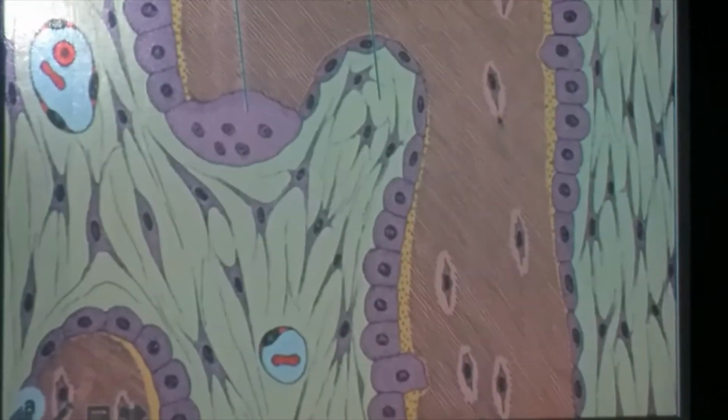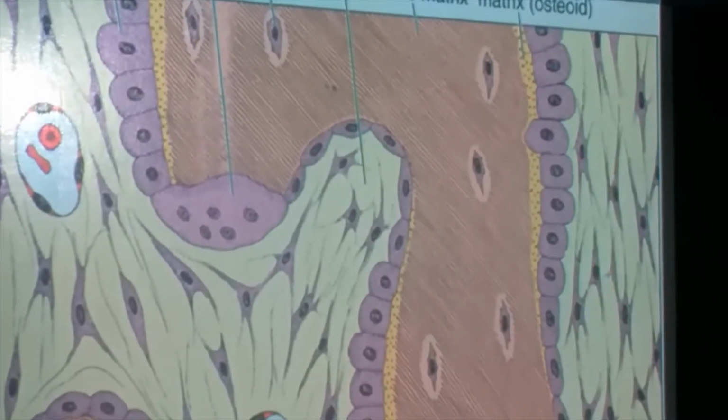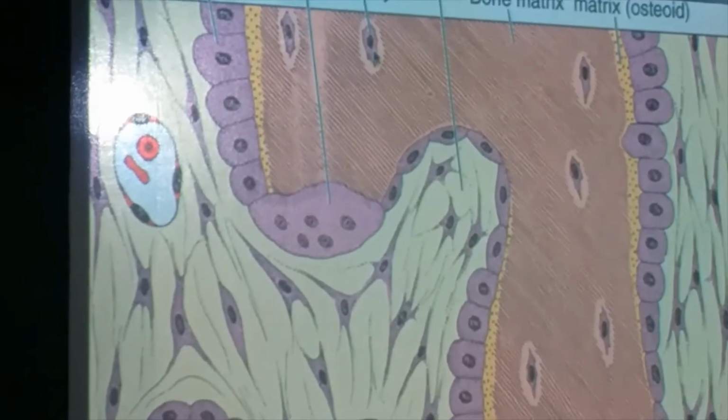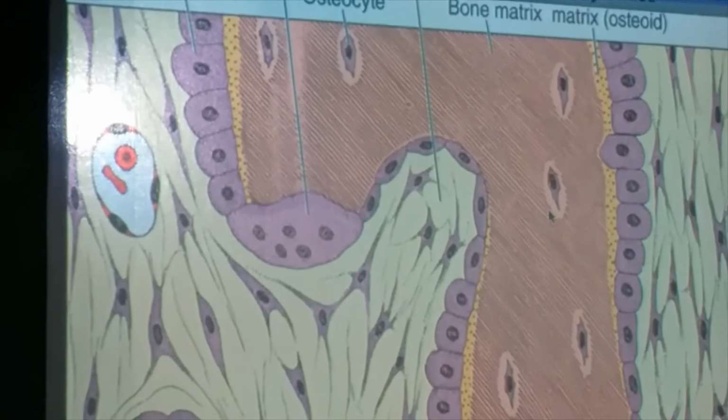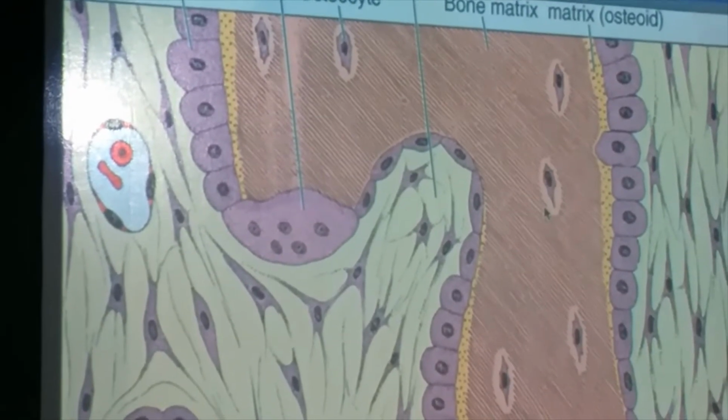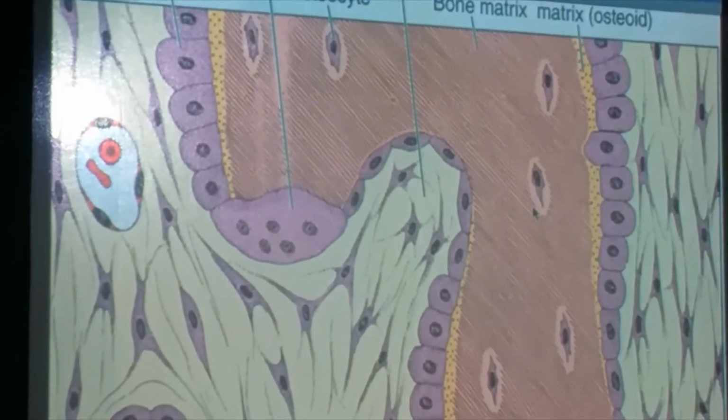So you see this cell, those in the middle. So this is known as your osteocyte. So bone matrix, these are all your osteocyte. So one of the cells found in the bone matrix is your osteocyte. Now the function of your osteocyte will be discussed in a while.